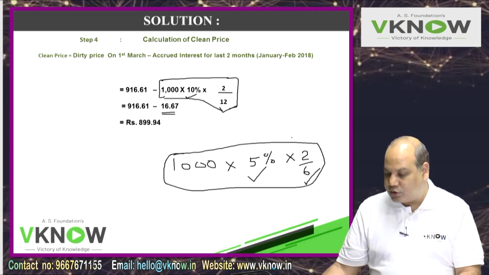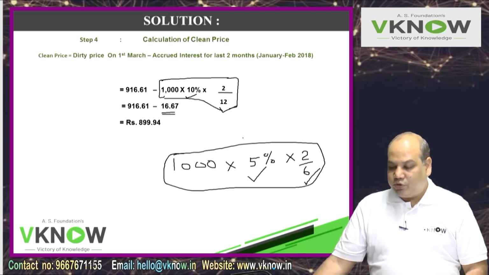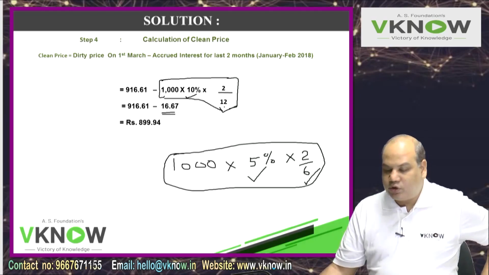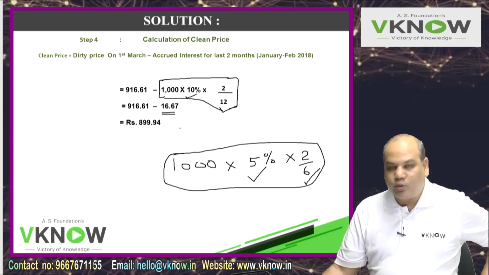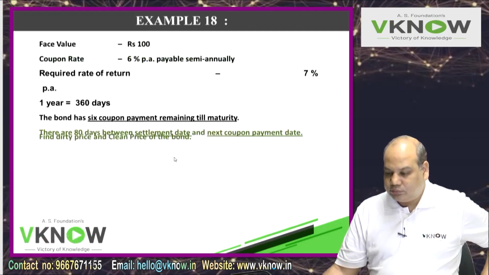So when you raise the question, you have to see whether my query is justified or not. So accordingly, if you are taking 10%, then take 12 months here, because it's simple interest, it won't make any difference. And if you are taking 5%, then take in the denominator 6 here. Same thing for previous problem also, if that query had come to your mind. So now my answer is 899.94. So this is the clean price of this bond.